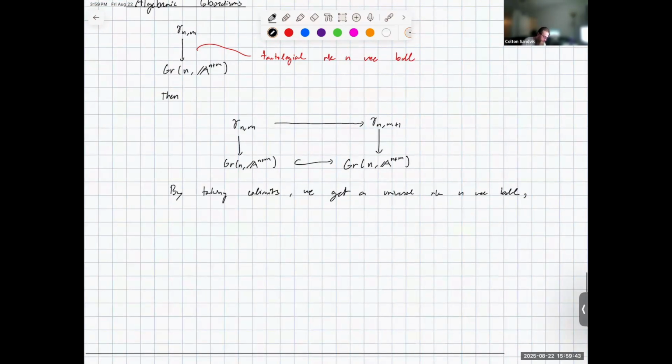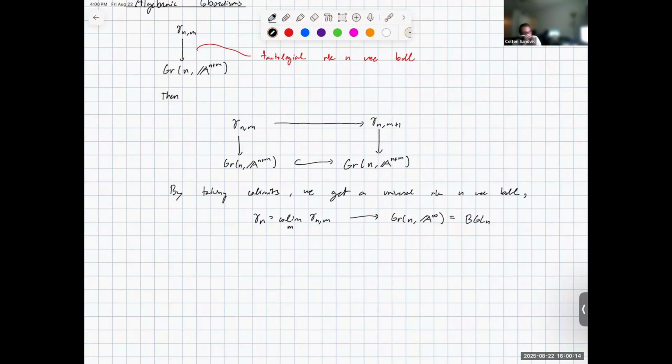This is the colimit over all the m's of these gamma n,m's, and this is sitting over the infinite Grassmannian that we wrote before, which is BGLn.